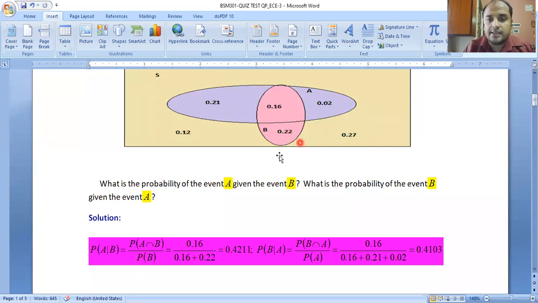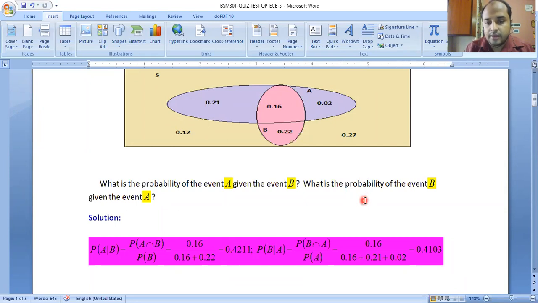If you look at this picture, the probability of this simultaneous occurrence is 0.16, so it is written over here, and the total probability of B has been counted as 0.16 plus 0.22, and therefore the probability comes as 0.4211.